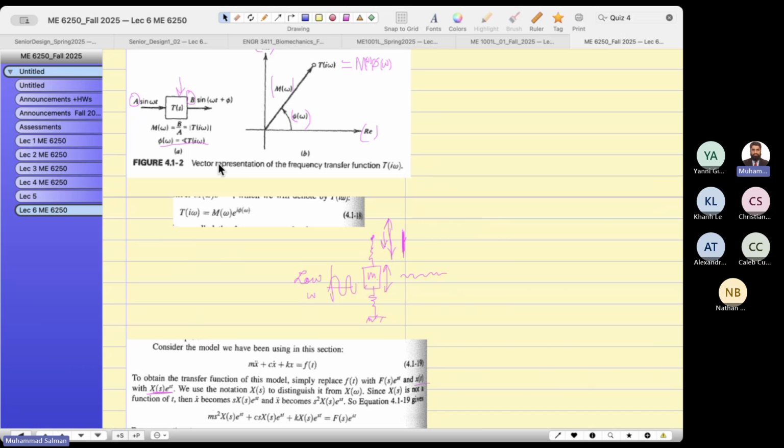And I mentioned that the magnitude ratio is the output amplitude over the input amplitude.